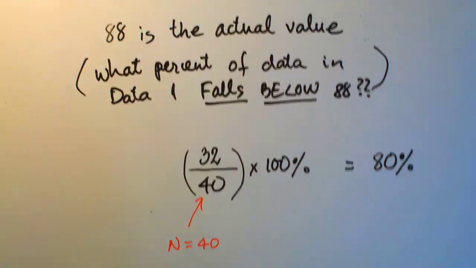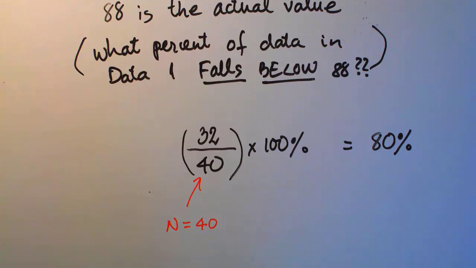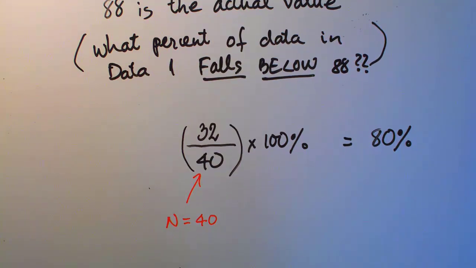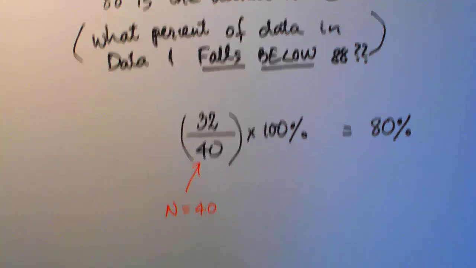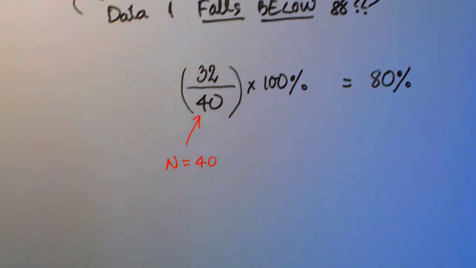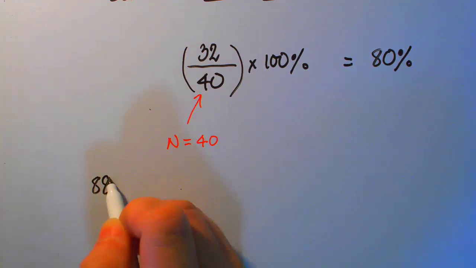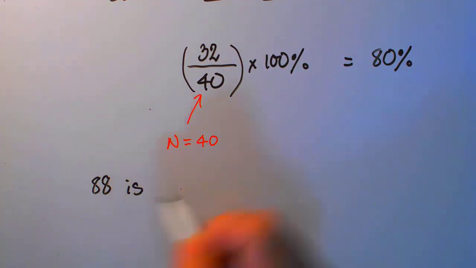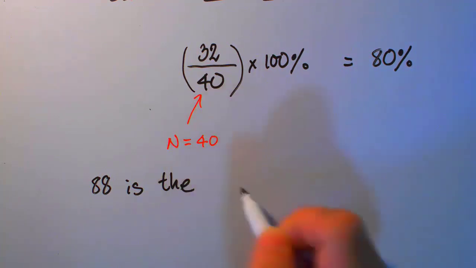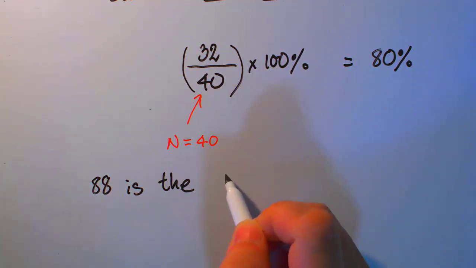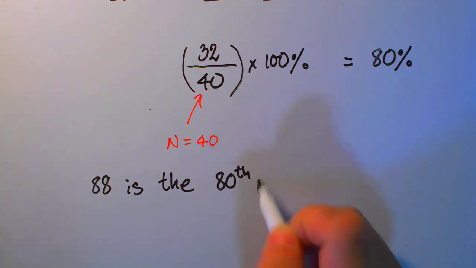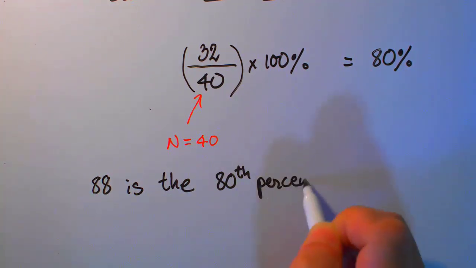So my final conclusion: remember the question was asking which percentile is 88 in data 1. Our final answer, stated formally, is that 88 is the 80th percentile. We're not saying that it's the 80%, we're saying that it's the 80th percentile.